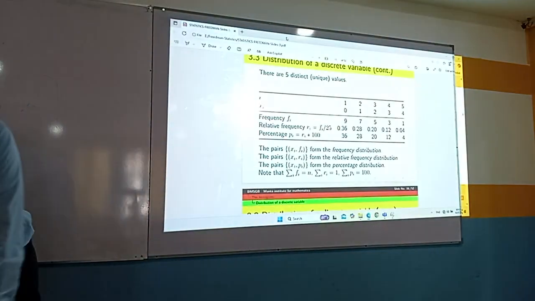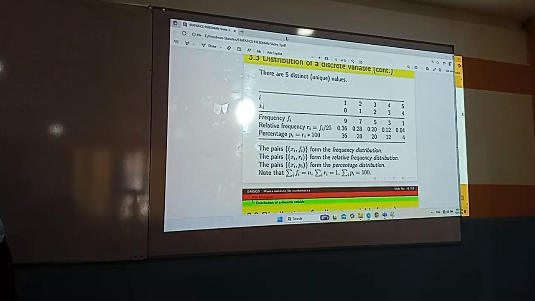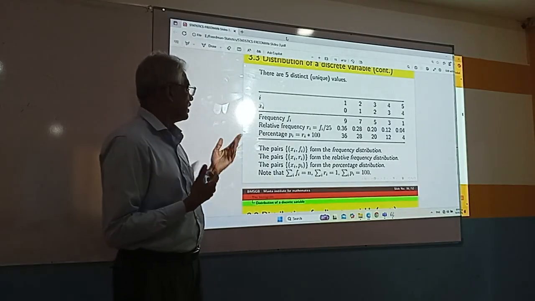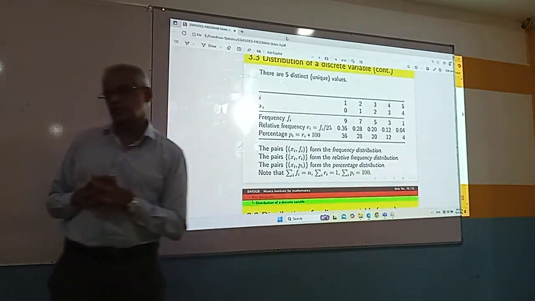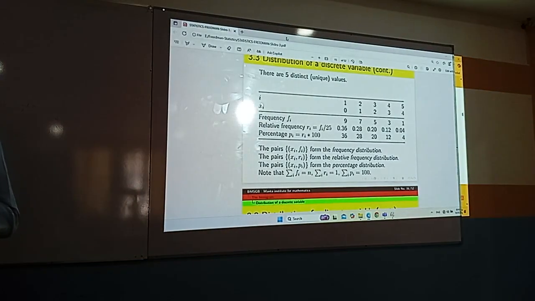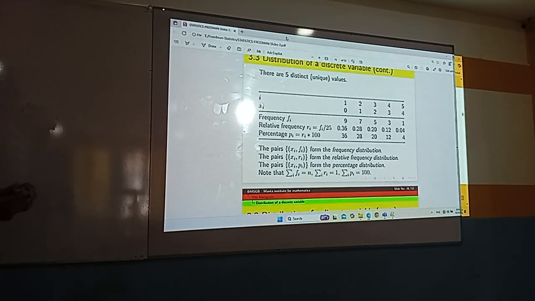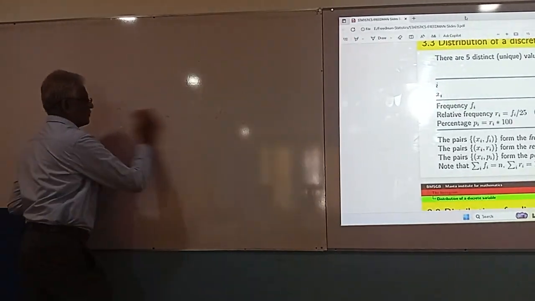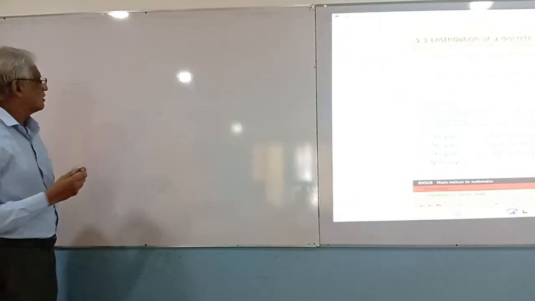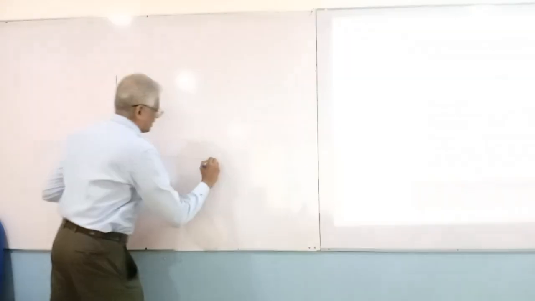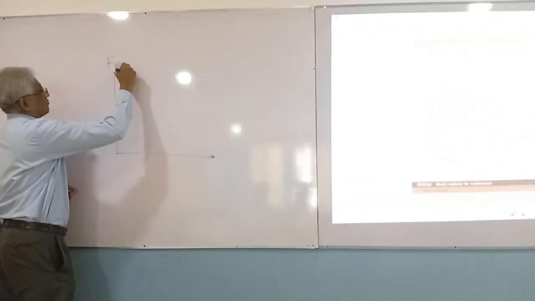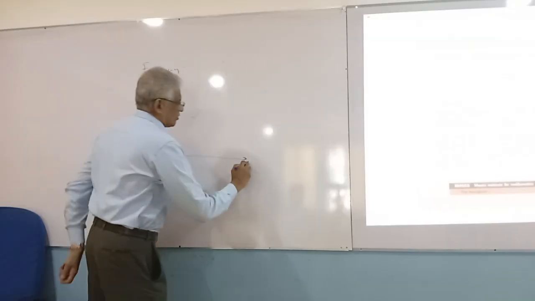So distribution comes like that. Then what kind of graph can we use to show the frequency distribution or the relative frequency distribution or the percentage distribution? Some people use a bar chart. In that case, they will draw a bar. If you are looking at the frequency distribution, this can be your x.